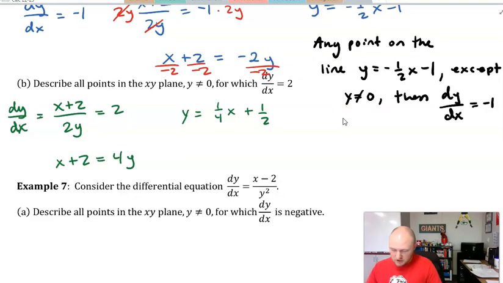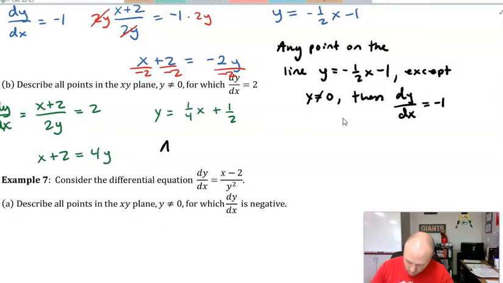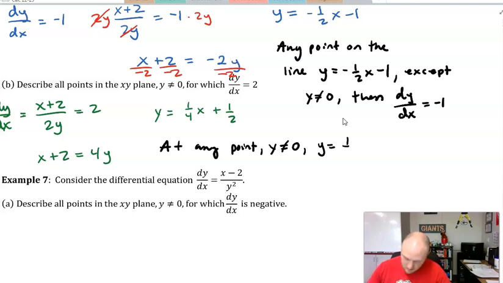Okay, so just using a similar template from before, at any point, y not equal to 0, y equals 1/4 x plus 1/2, then dy/dx is equal to 2.